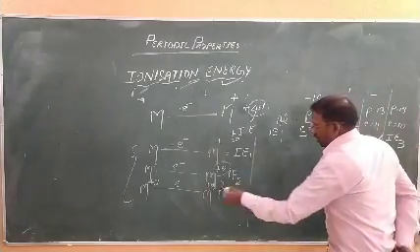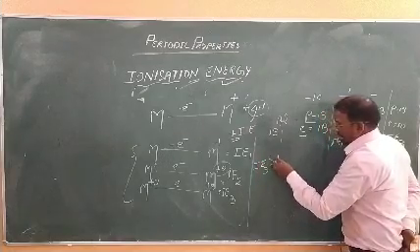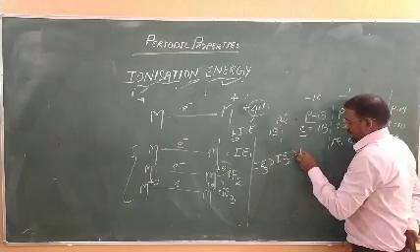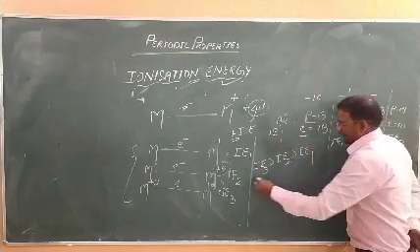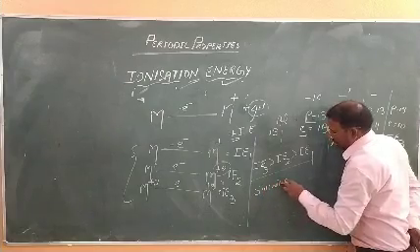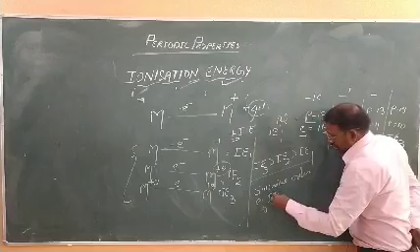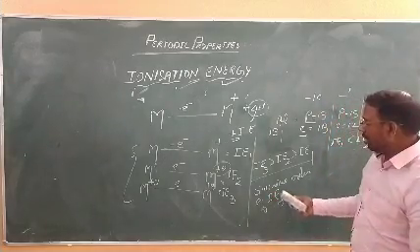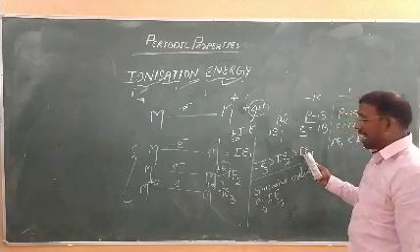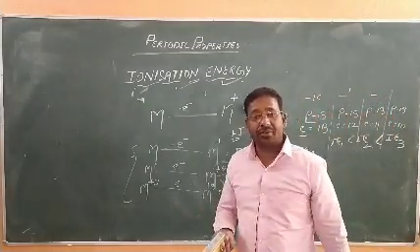The value of ionization energy 3 is always greater than ionization energy 2, which is greater than ionization energy 1. This is always the successive order of ionization energy. Always write that IE3 is greater than IE2, which is greater than IE1, because of the force of attraction.